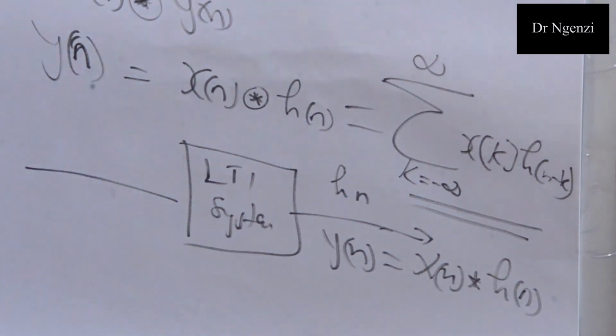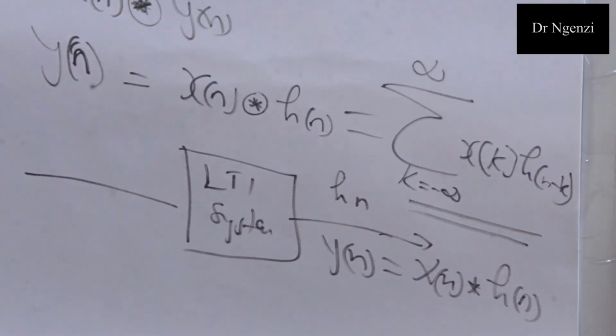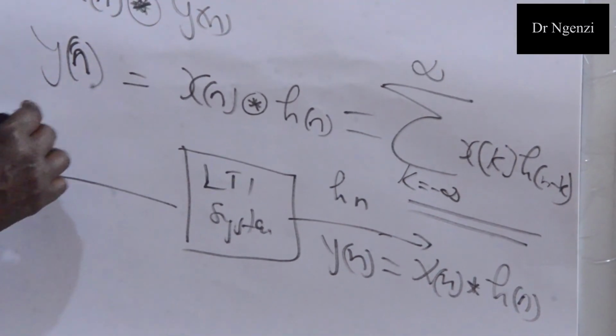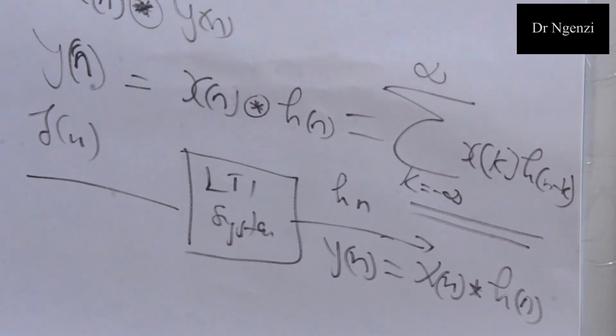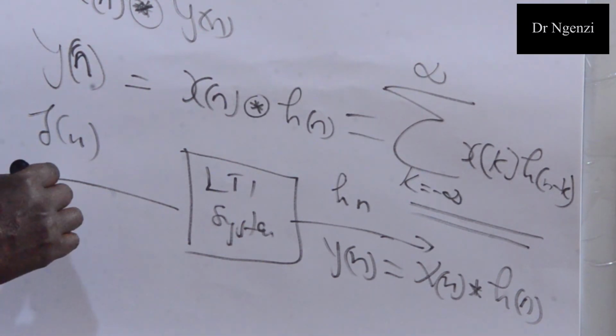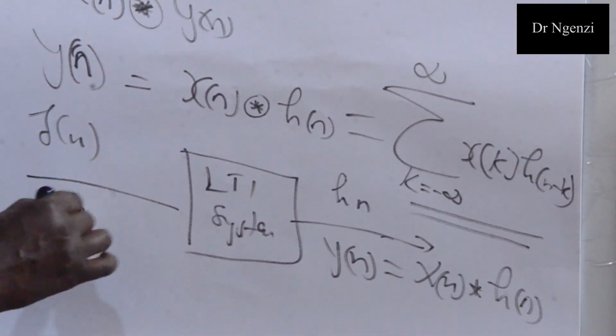And of course, the input can be a unit step impulse, or it can be discrete-valued signals that can be mentioned like this.